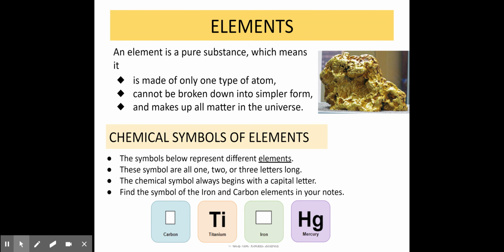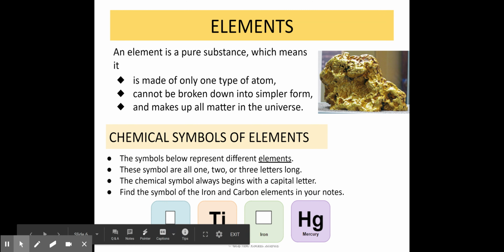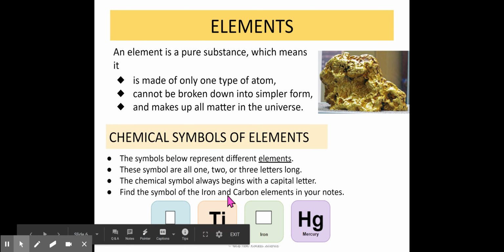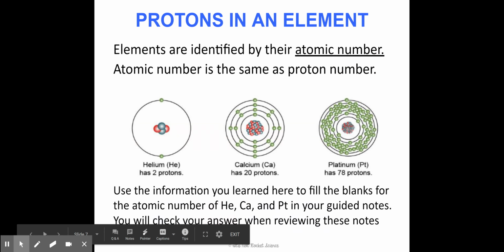You can Google it, or you can use the one that I provided to you in this assignment. As you can see, these symbols are capitalized. The first letter is capital, and the next one is not. So you can see two or more letters, or sometimes one letter. That's all you need to know for now.